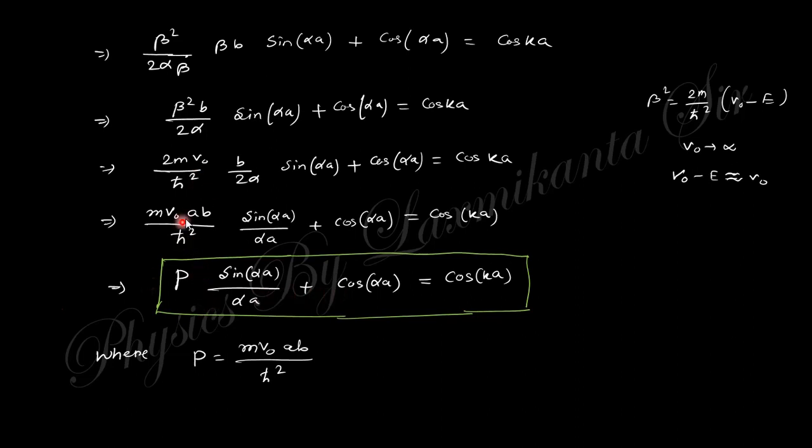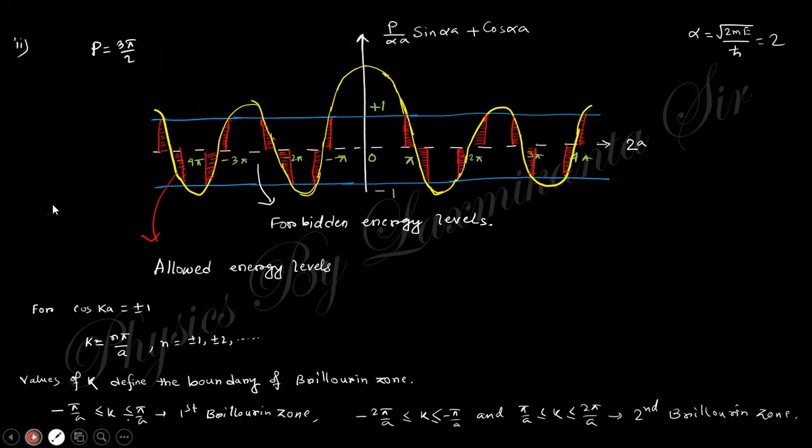Okay, here this is taken as P, and P has a significant meaning. If you plot this graph with respect to alpha a, it will look like this, and you can see these are the allowed regions. This is the forbidden region and the shaded regions are the allowed regions, because this value must be from -1 to +1.